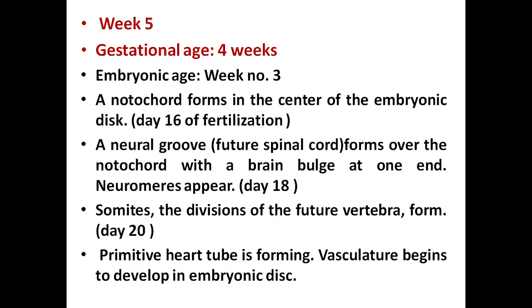Neuromeres appear on day 18. Now on day 20, somites, the division of the future vertebrae, and the primitive heart tube are forming. Vasculature begins to develop in the embryonic disc. So this is all in the 4th week: notochord development in the center, division of the future vertebrae, and the heart tube forming.